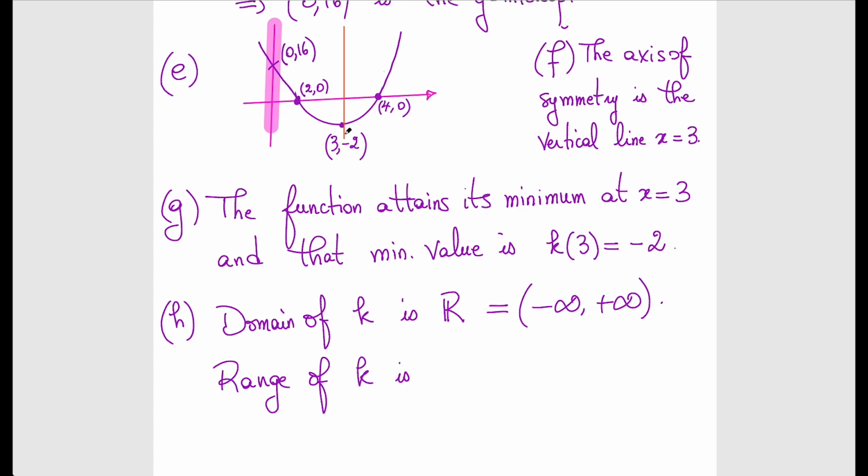Because -2 was the lowest, so that's the lowest it's gonna reach. So any number from -2 onward is reachable via the function as an output.